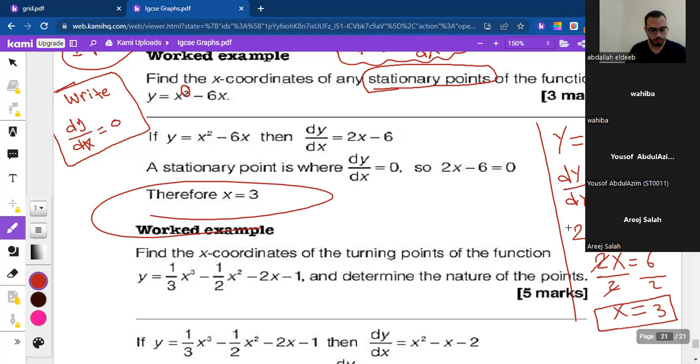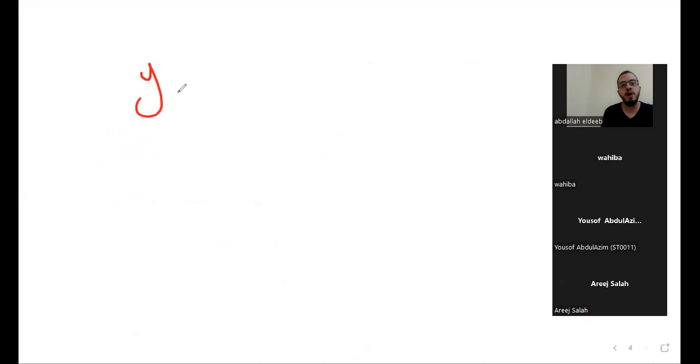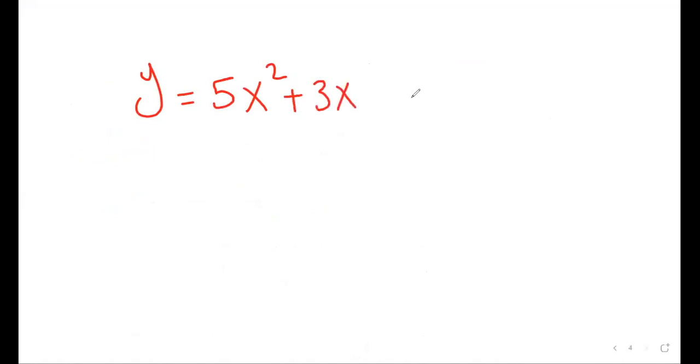Sir, can you give me an example? We will practice now, Arish, don't worry. But the main idea about dy by dx, like here, for example, if y equals 5x squared plus 3x minus 8, this function, and we need to find dy by dx. dy by dx is the first derivative.